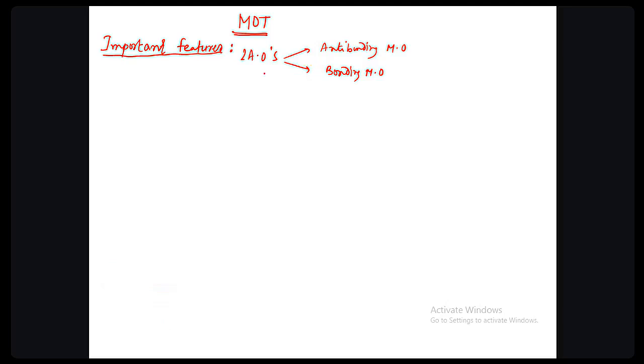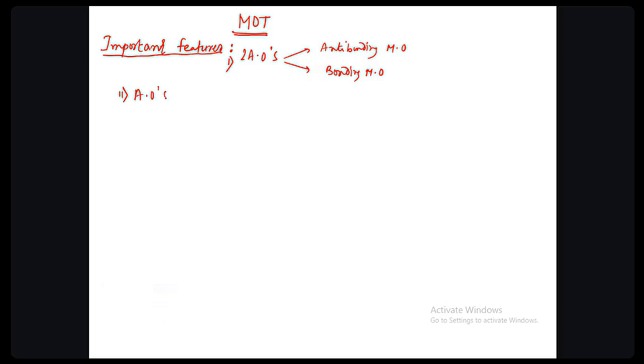So now the next question: which important features are there for MO formation? There is the concept of linear combination of atomic orbitals. Before going to that, we discuss what the characteristics of atomic orbitals should be.